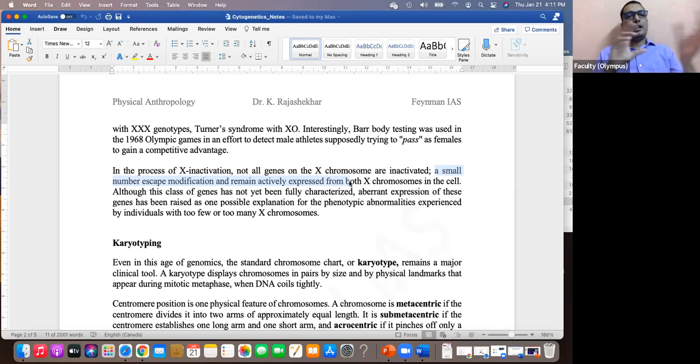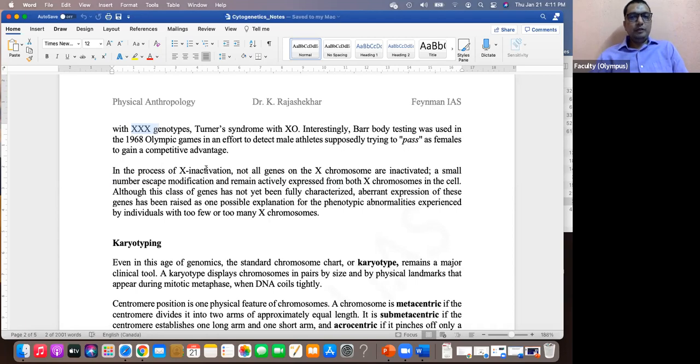It can be randomly one of them that gets inactivated, and not all of it. Some genes actually escape from this inactivation process. Those few genes which are expressed extra in super females are probably behind the problems that we see in super females. Not all of them get inactivated, some are left out, and those probably add extra amounts of genes and gene products, causing the abnormalities that we see in the super females.